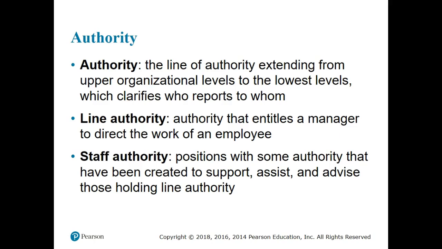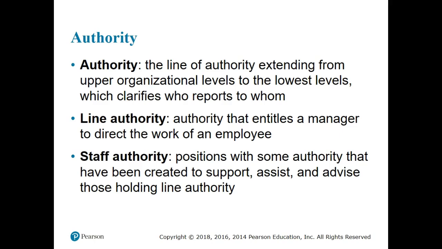Now, according to the chain of command, as shown in Exhibit 11-4, as a link in the chain of command, a manager with line authority has the right to direct the work of employees and to make certain decisions without consulting anyone. Now, as organizations get larger and more complex, line managers find that they do not have the time, expertise, or resources to get their jobs done effectively.